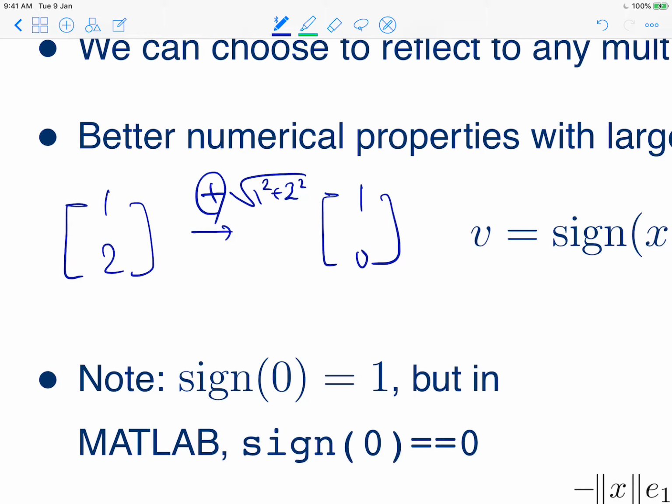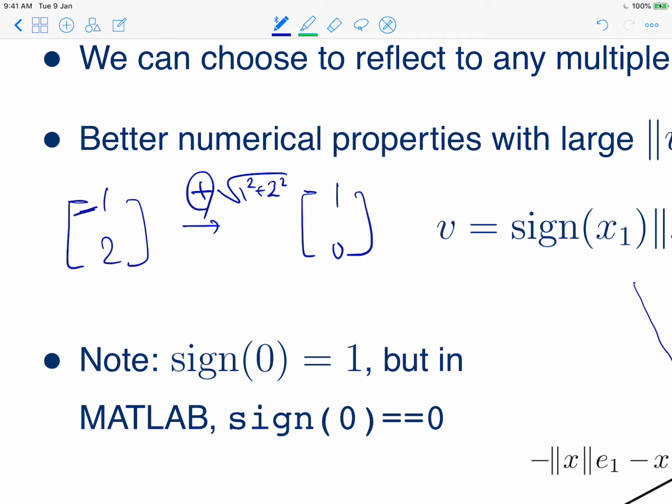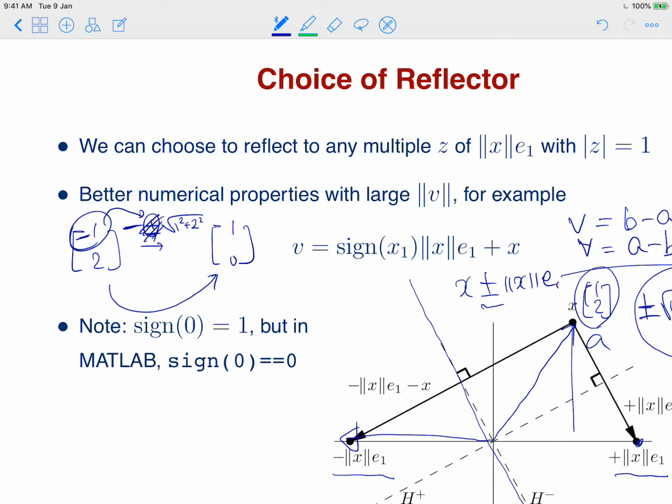Suppose we have -1 and 2. In this case the reflection point still has these two possible choices, right? But here we have a negative sign on the first dimension, so we select that sign, and we make this sign -1.